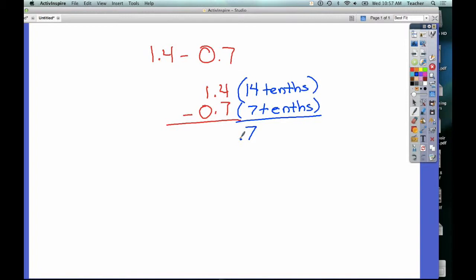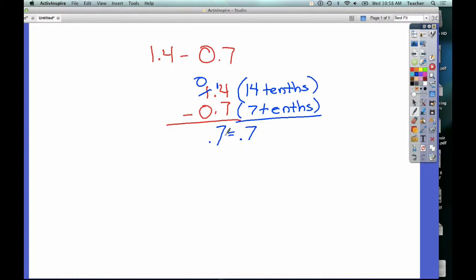Now if I were to actually go in here and borrow, I would just borrow from the ones place. That would become 0. So 14 minus 7. Did I get the same answer both times? Yeah, so whichever is less confusing for you is fine.